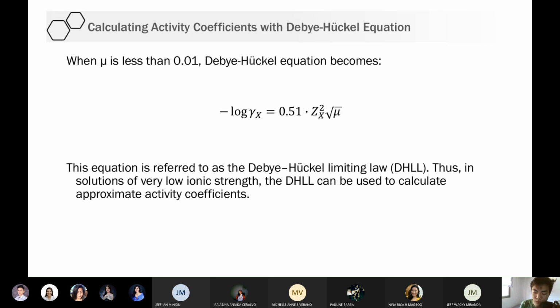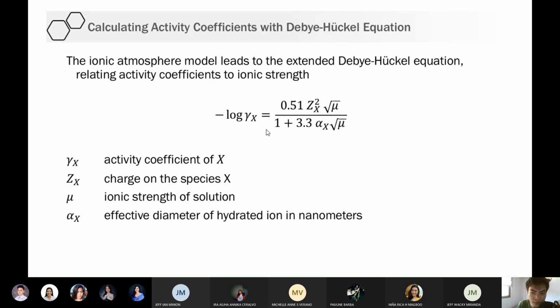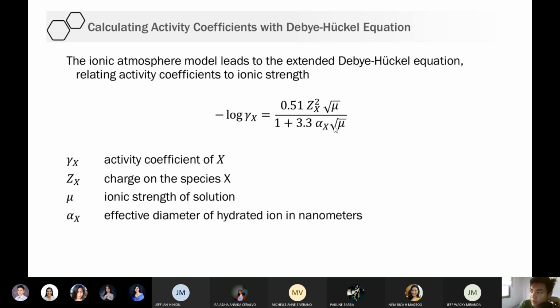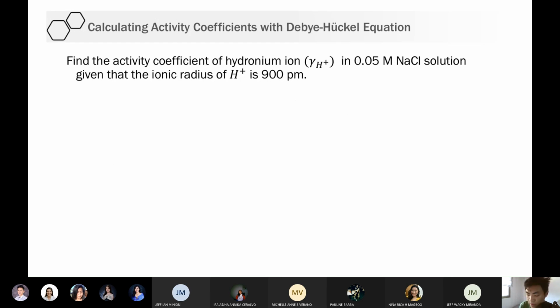If your ionic strength is greater than 0.01, then you have to use the full equation. However, if the ionic strength is less than 0.01, then we can use the limiting law, the DHLL. Alpha is the effective diameter of the hydrated ion, that is the ionic atmosphere, in units of nanometers.